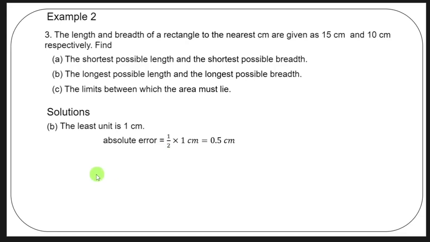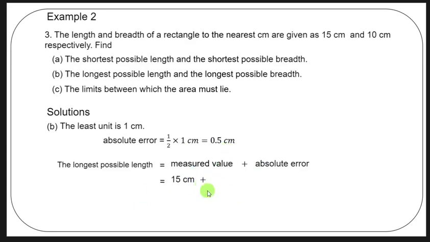So the longest possible length is going to be the measured value plus the absolute error, which is 15 plus 0.5 centimeters, which gives us 15.5 centimeters as the longest possible length.